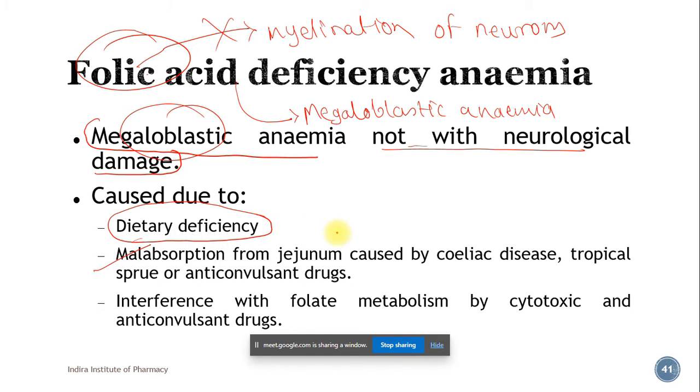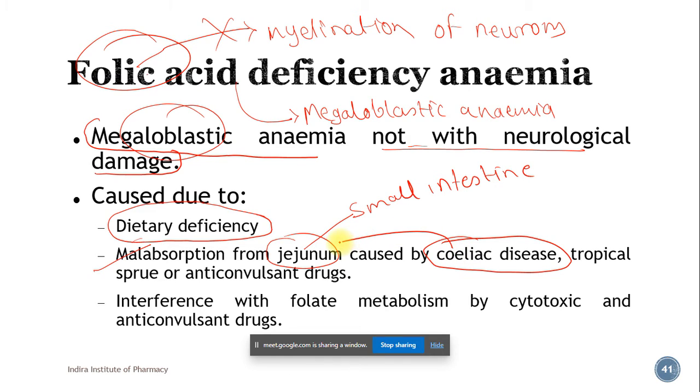The next is malabsorption from jejunum. So jejunum is part of the small intestine. Okay, so malabsorption from jejunum is caused by coeliac disease. So a disease that is coeliac is causing deficient absorption of the folic acid from the small intestine part, that is jejunum.